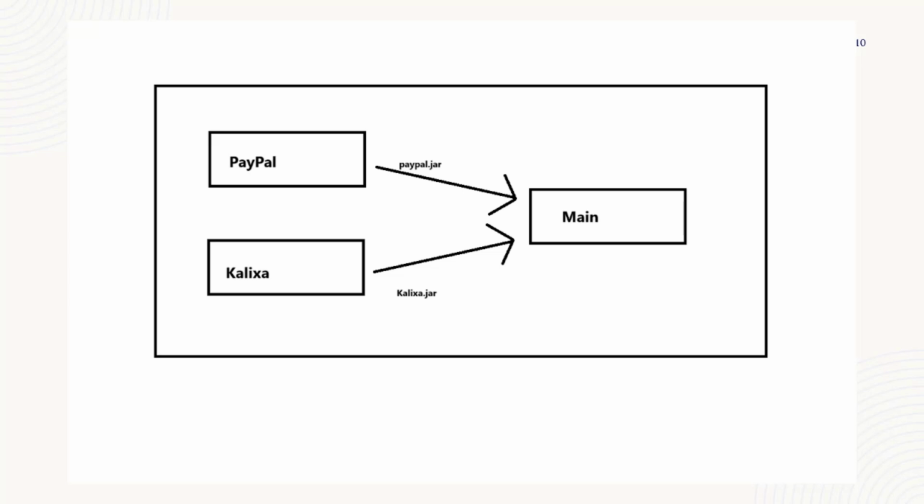Benefits of this architecture: modularity, by separating each provider's functionality into jar files. This architecture makes it easier to manage, update, or replace payment providers. For instance, if a new version of PayPal's API is released, only the PayPal.jar would need to be updated without impacting the rest of the system.